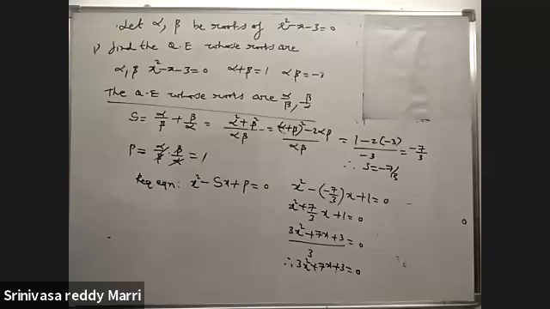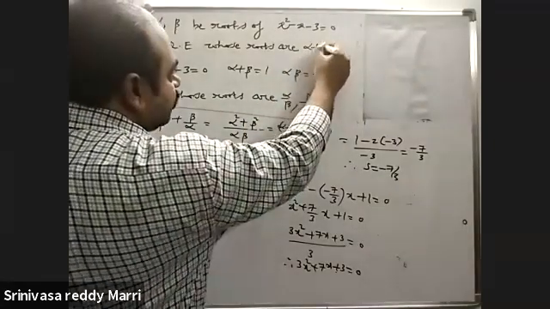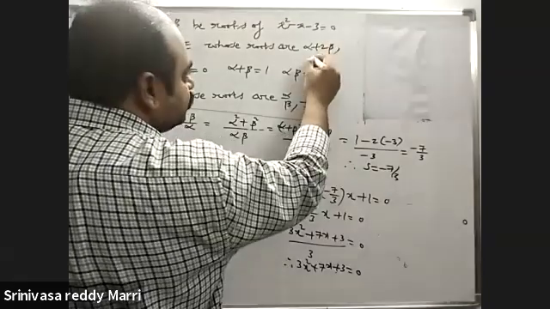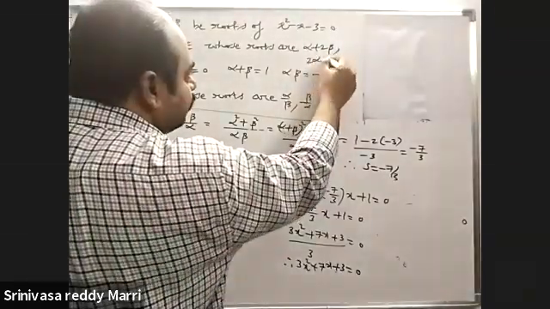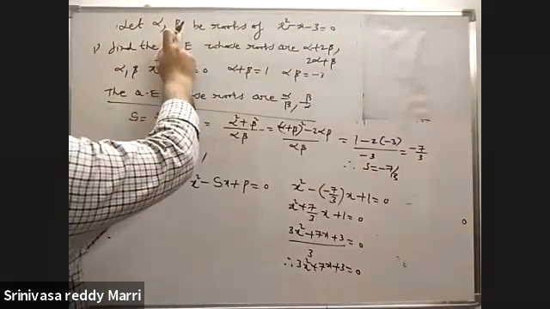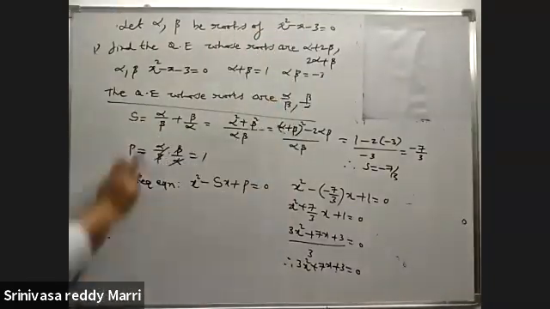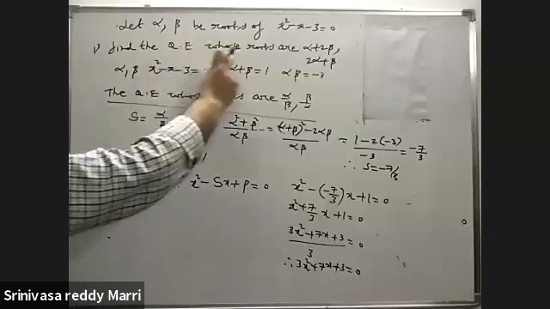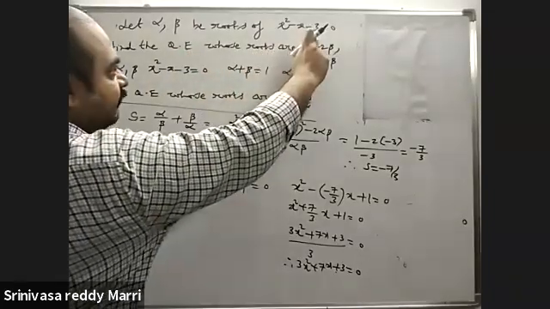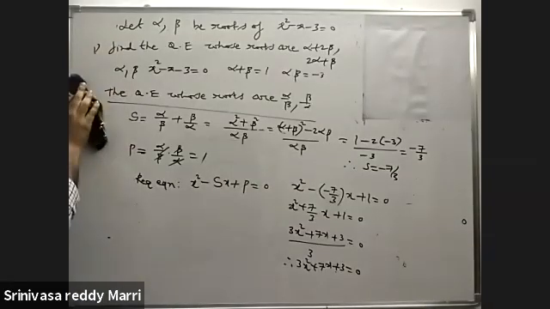Find the quadratic equation whose roots are, look, I am telling one more problem, alpha plus 2 beta, comma 2 alpha plus beta. Let alpha, beta be roots of x square minus x minus 3 equal to 0. Find the quadratic equation whose roots are alpha plus 2 beta, comma 2 alpha plus beta.